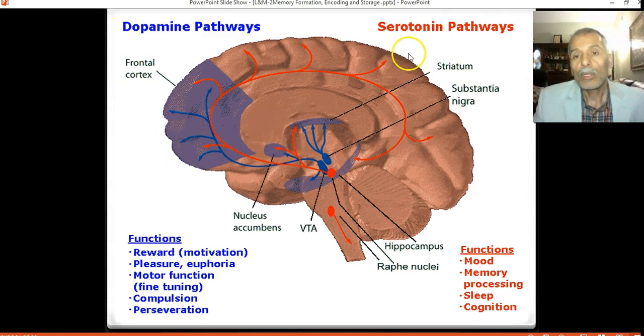Serotonin, before I close, you can try this for yourself. It is found in poultry, in red meat, and in milk products.